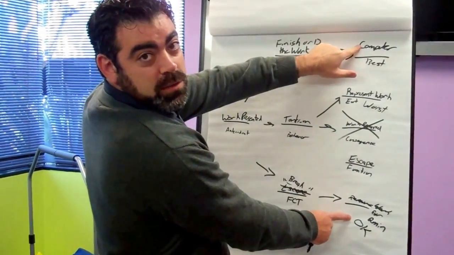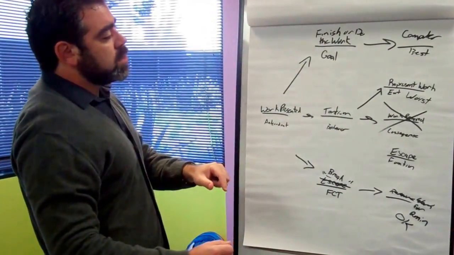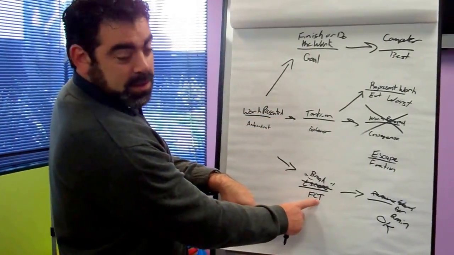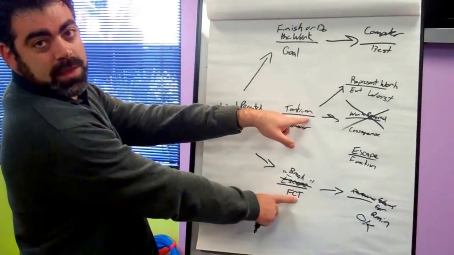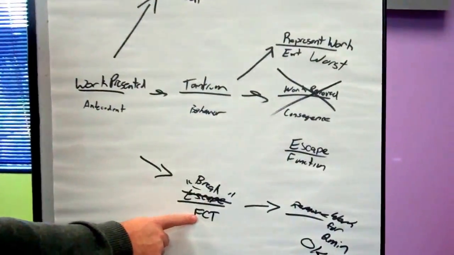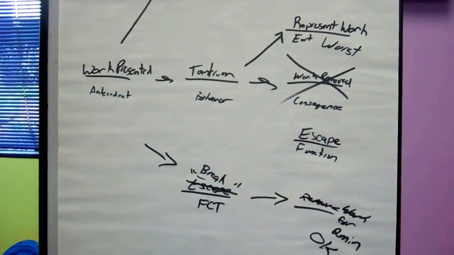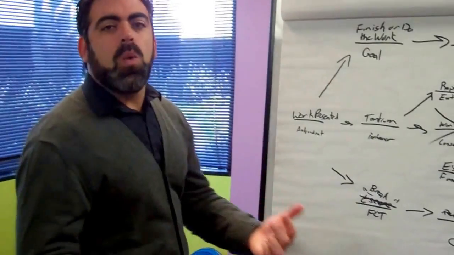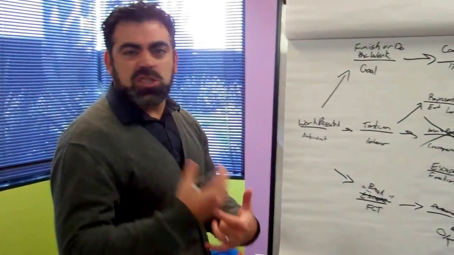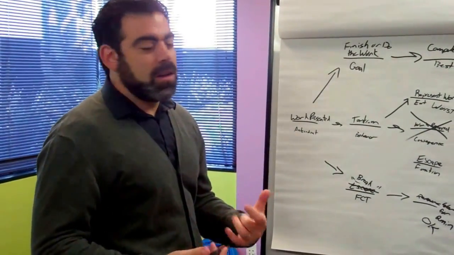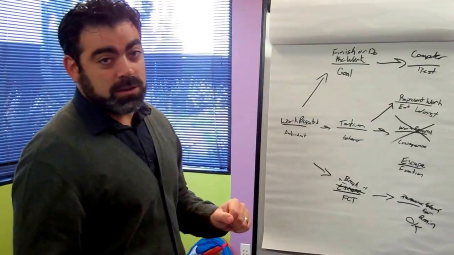That is critical. And we also want this to become easier than this. FCT asking for a break should be the easiest thing in the world, because anything that's easy, we're more likely to do. That's just human behavior and the way we work. And so that becomes critical.